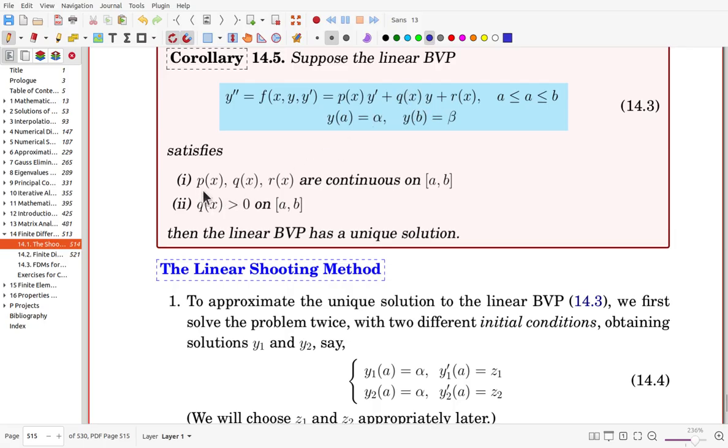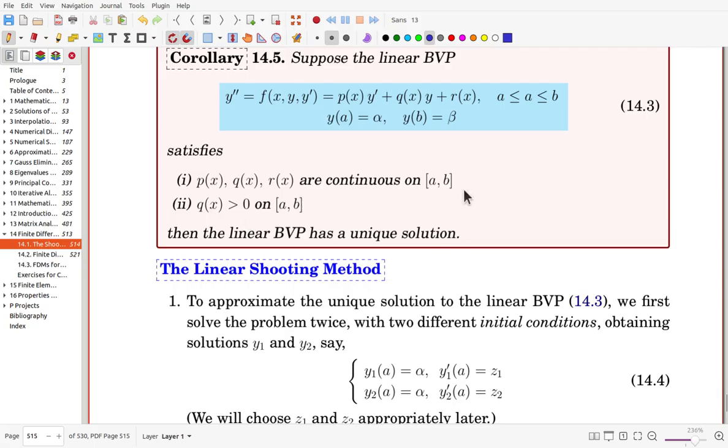Already we assume p, q, r are continuous, so that eventually the derivatives are continuous, and the y derivative must be positive. The y derivative is q, positive.